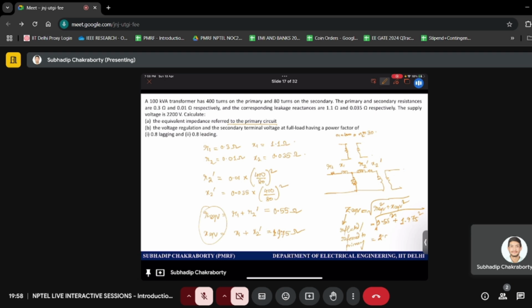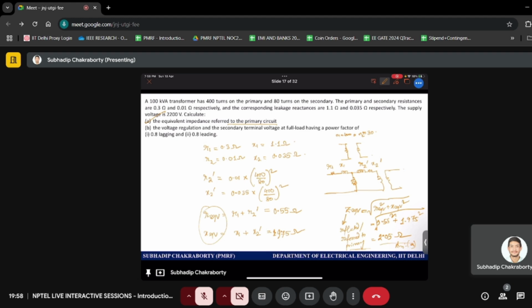This is calculated as 2.05 ohms. So this is the equivalent impedance referred to primary side, right? And this is the answer of part A.